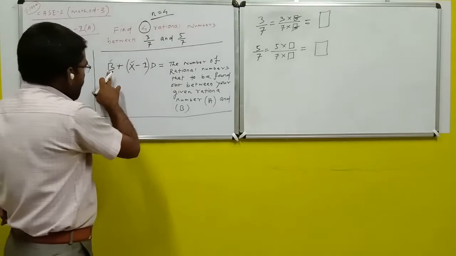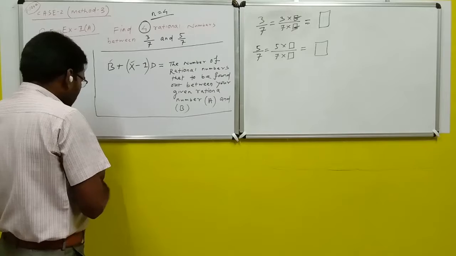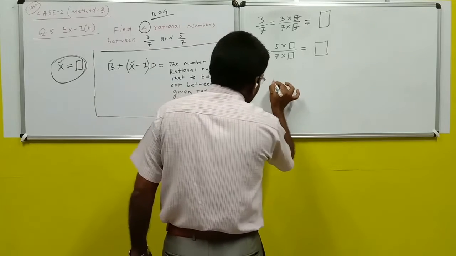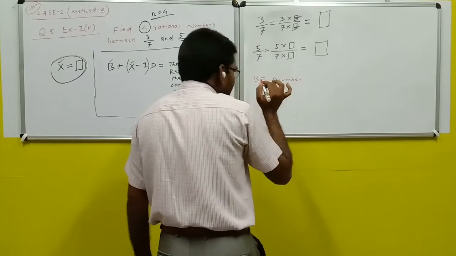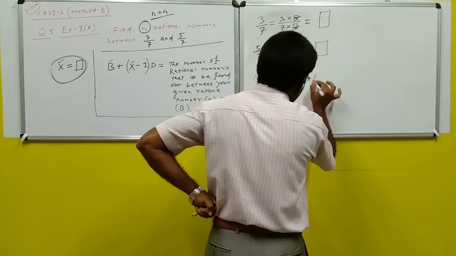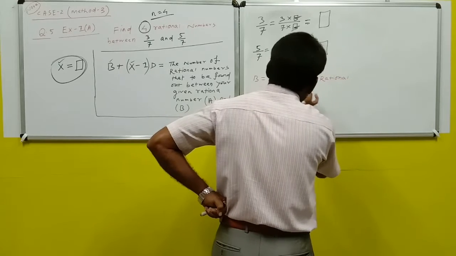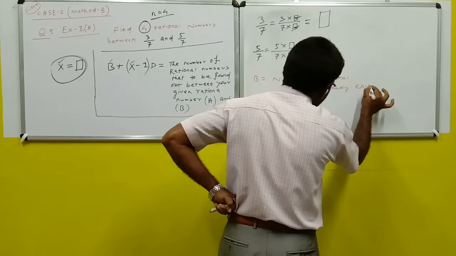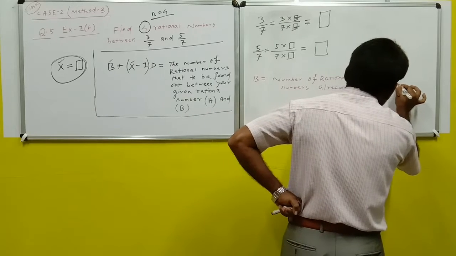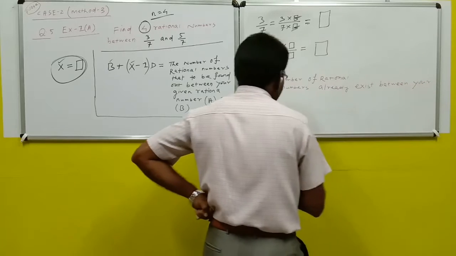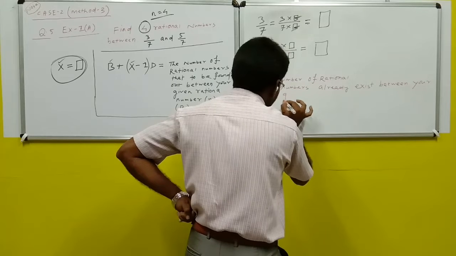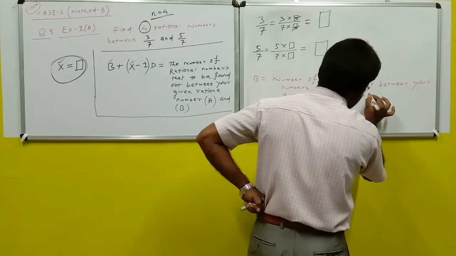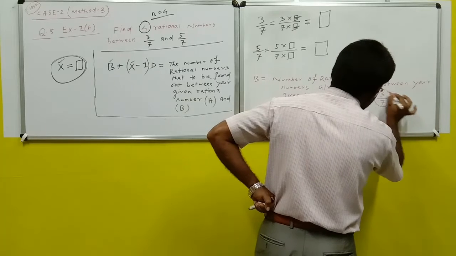Here, this b that is written indicates the number of rational numbers already existing between your two given rational numbers 3/7 and 5/7.